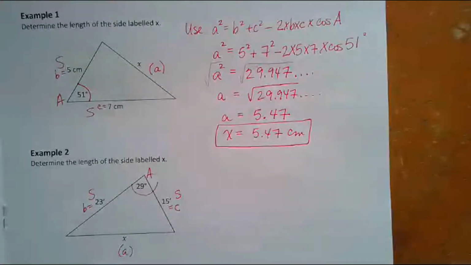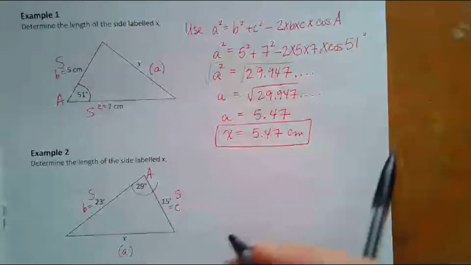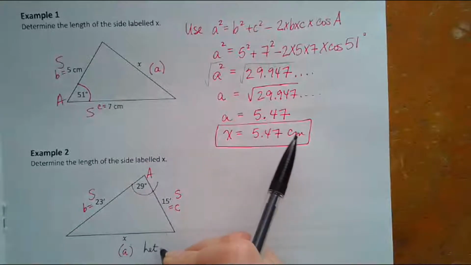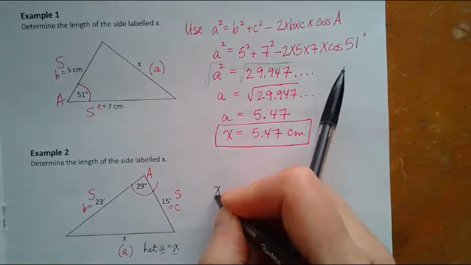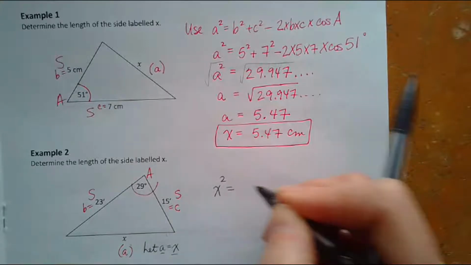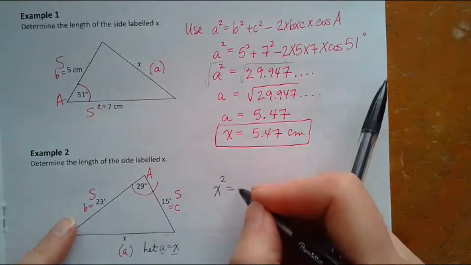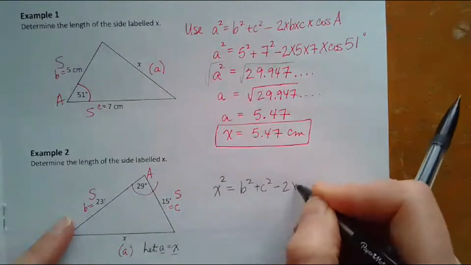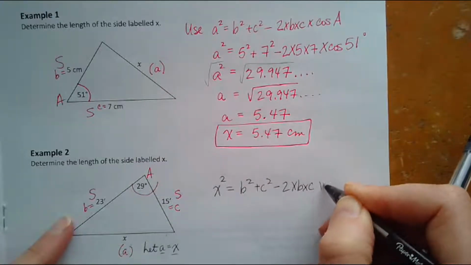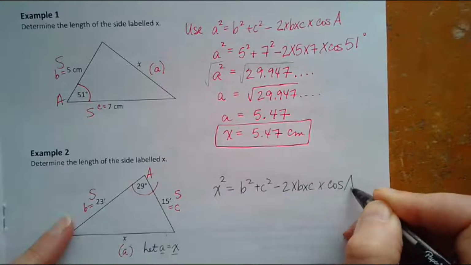Instead of saying A squared, I'm going to say let A equal X. Okay, so X squared equals B squared plus C squared minus 2 times B times C times cos of angle A.